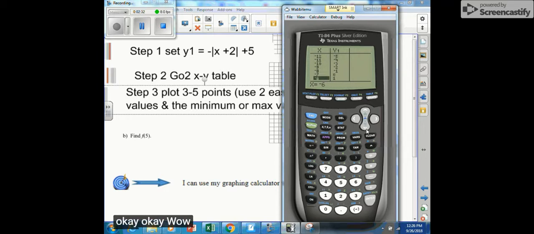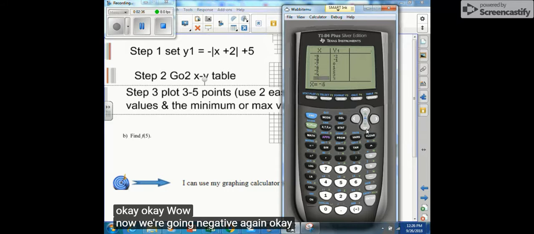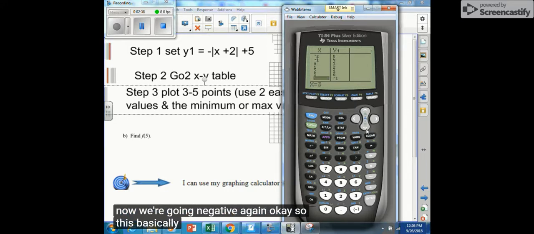Now we're going negative again. So this basically looks like an upside down smiley face. The highest number that we get to is 5, it looks like. Highest number we get to is 5. So I'm going to use that information.